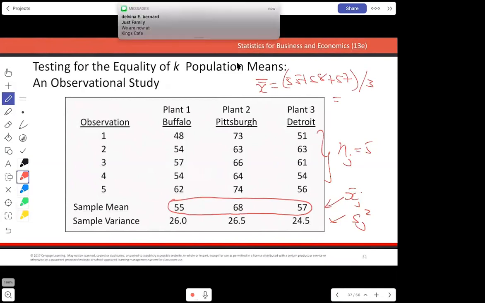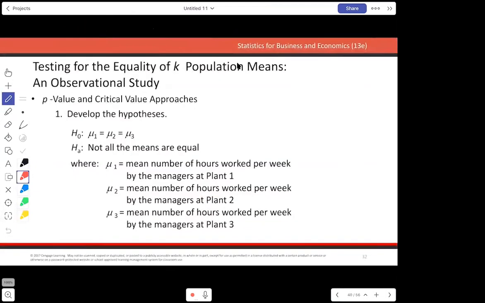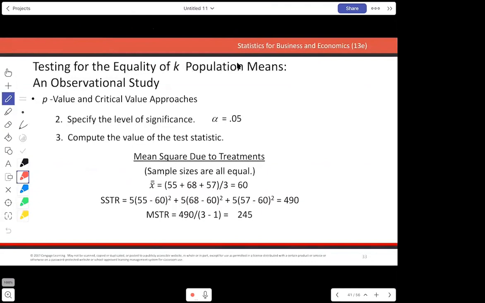Actually, I think I have the answer if I go forward. It turns out that it's 60. If you want to see the calculations, I'm calculating x double bar by taking the average of the averages, so x double bar is equal to 55 plus 60 plus 57 over 3, which gives us 60.